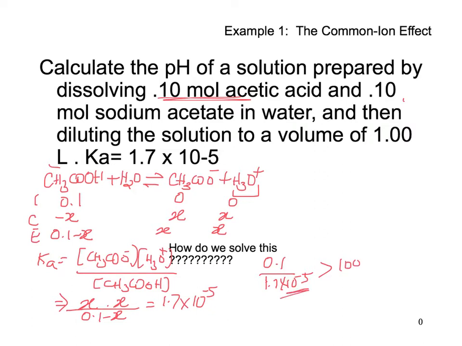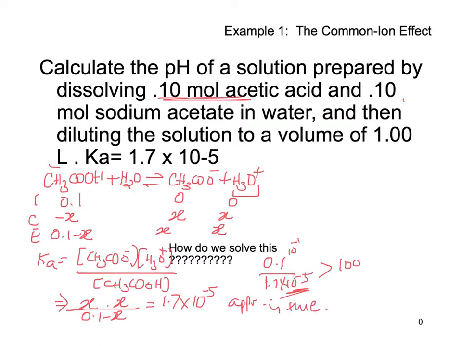Just by eyeball, you can plug this into your calculator, but I can see this is 10 to the power of minus 1 and this is 10 to the power of minus 5. So this is somewhere around 5,000, 6,000. That's a pretty high number, and so we will say that the approximation is true.